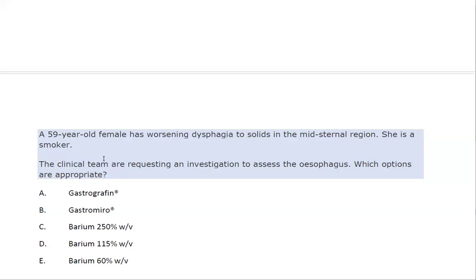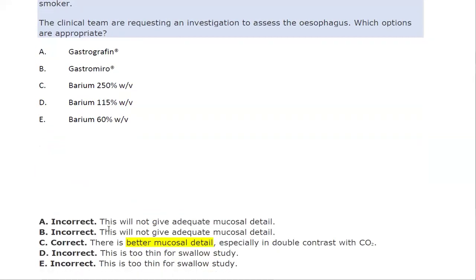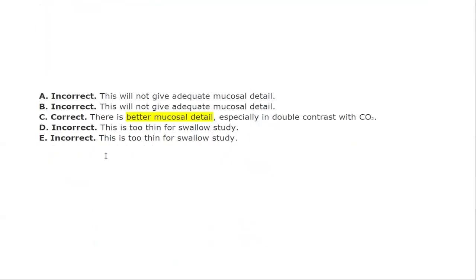We need to assess the mucosa and the lumen. There is no risk of perforation and no risk of aspiration, so we are going to use barium. This will give better mucosal detail, especially in double contrast with CO2. If you have a double contrast option with barium 250%, you will use it as a barium swallow or barium meal. It will give you very good detail of the mucosa, so you can use it as the investigation.